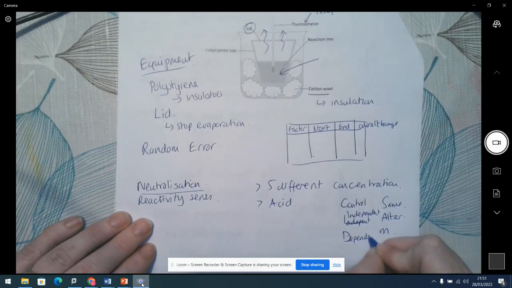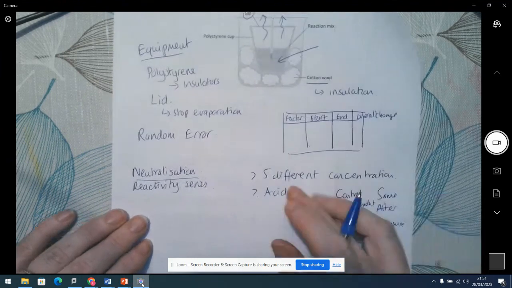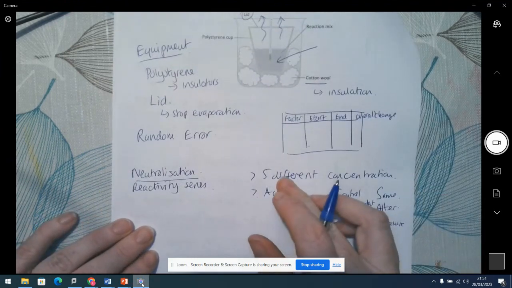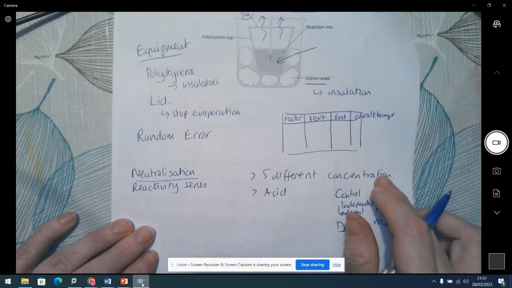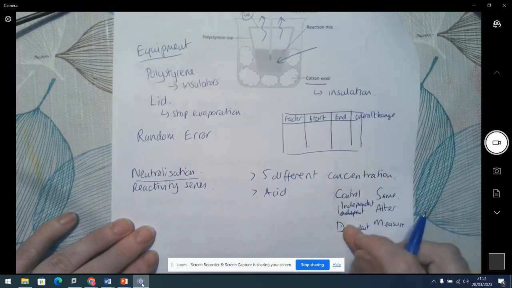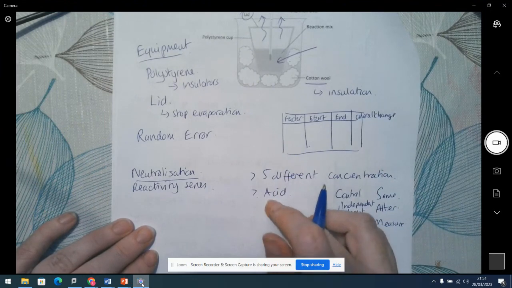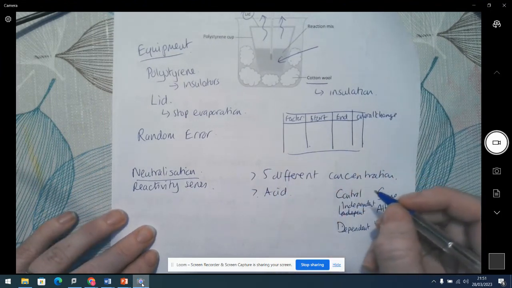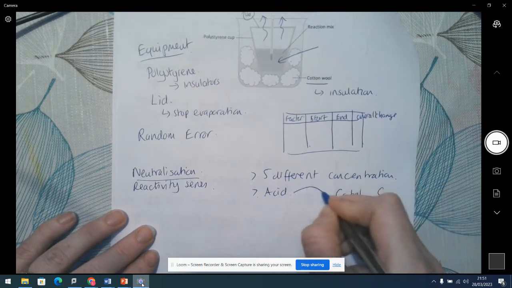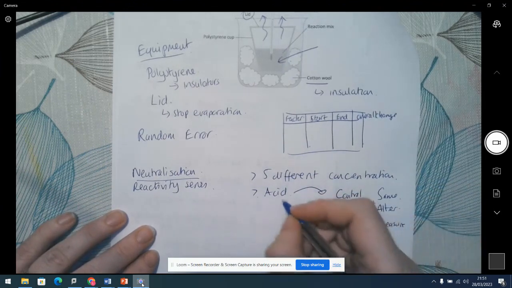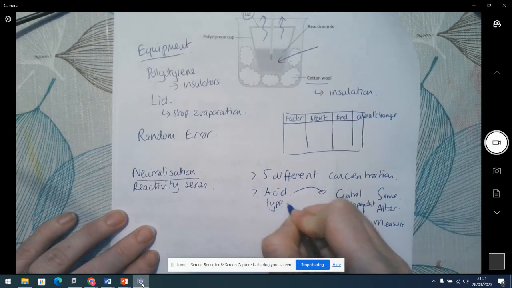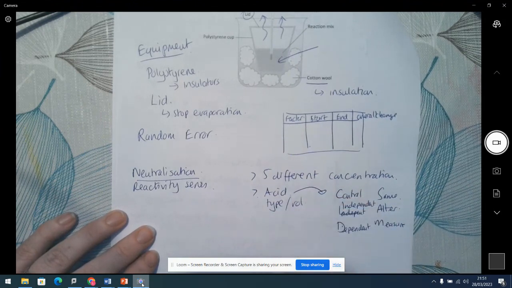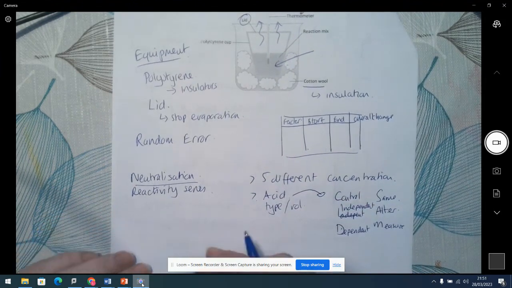And my dependent is what we measure. So because I'm changing the concentrations of acid, that would be my independent variable. The type of acid and the volume of acid would be my control variables.